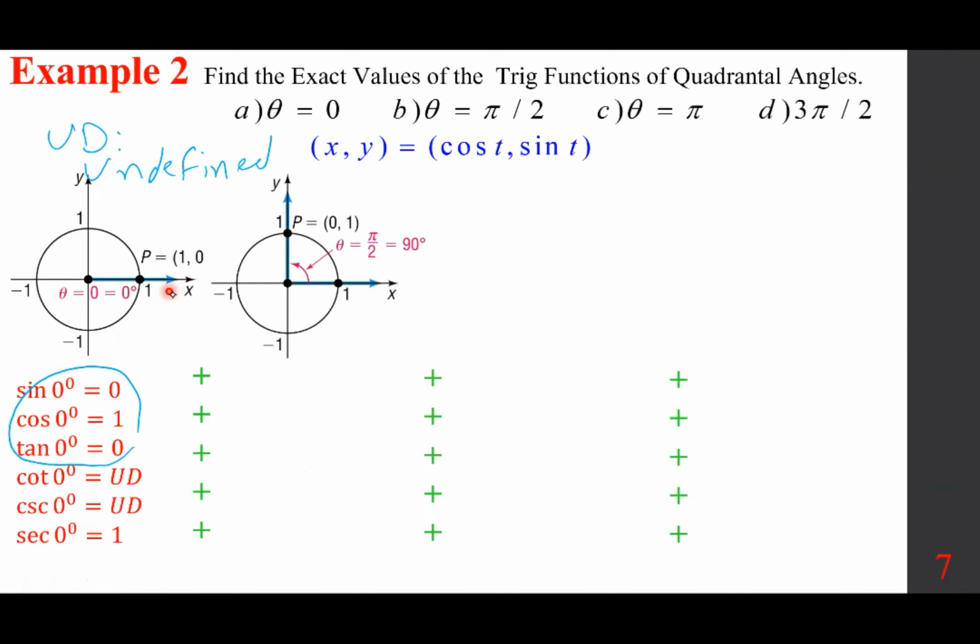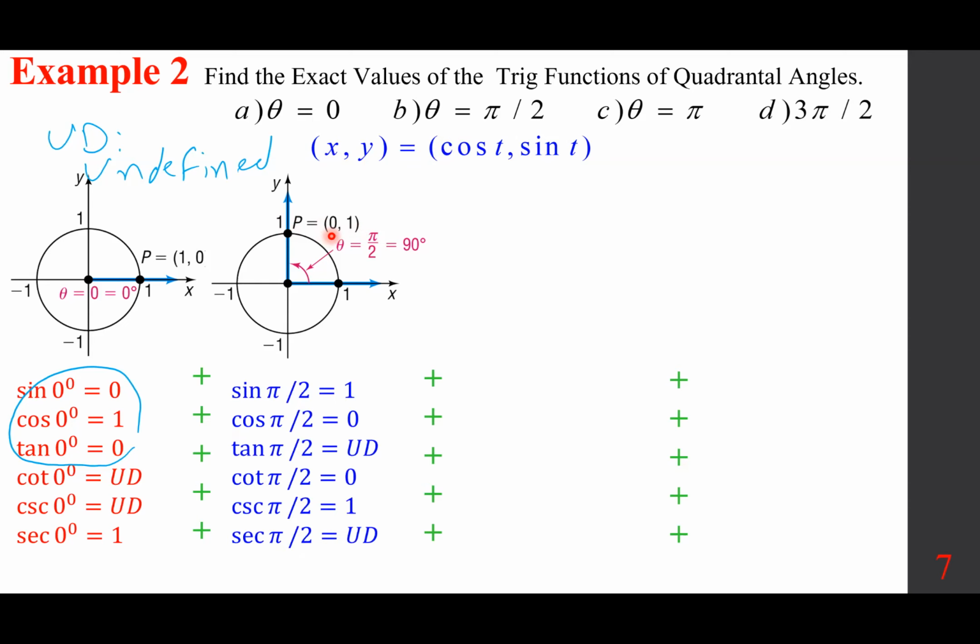What about 90 degrees or pi over 2? This one has coordinates 0, 1. So x is 0, that means cosine is 0. Y is 1, that means sine is 1. And then tangent is sine over cosine, 1 over 0, which makes it undefined.